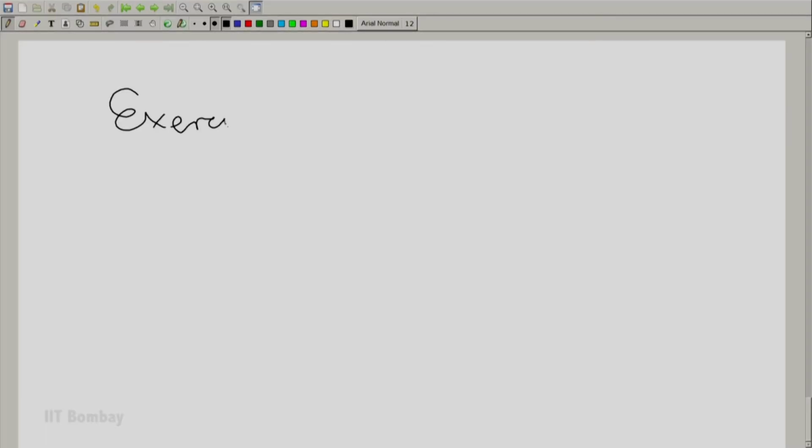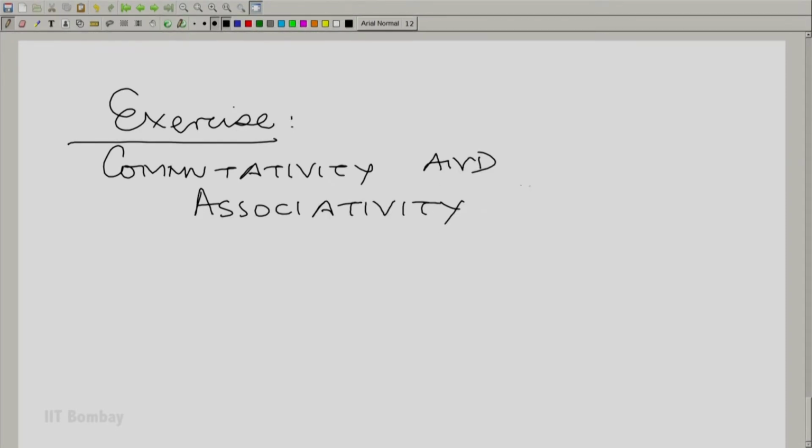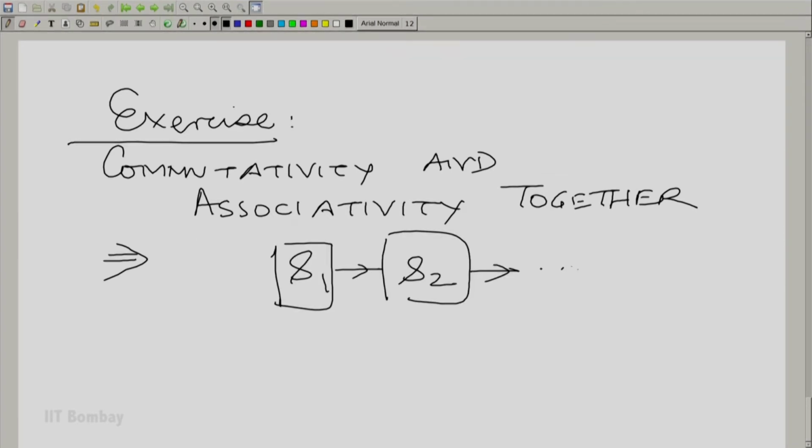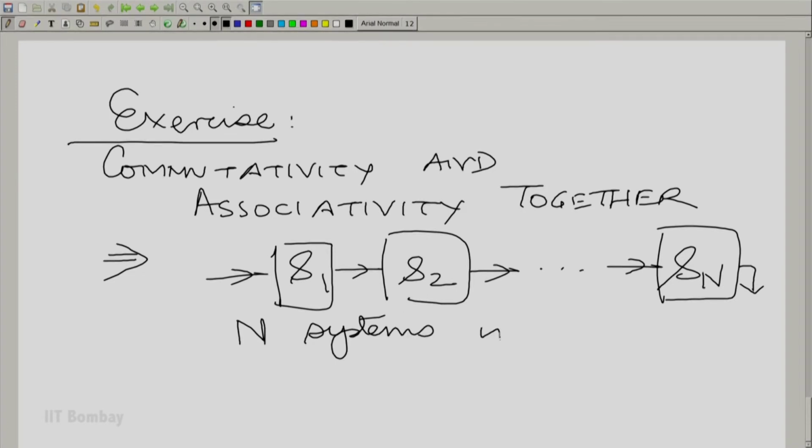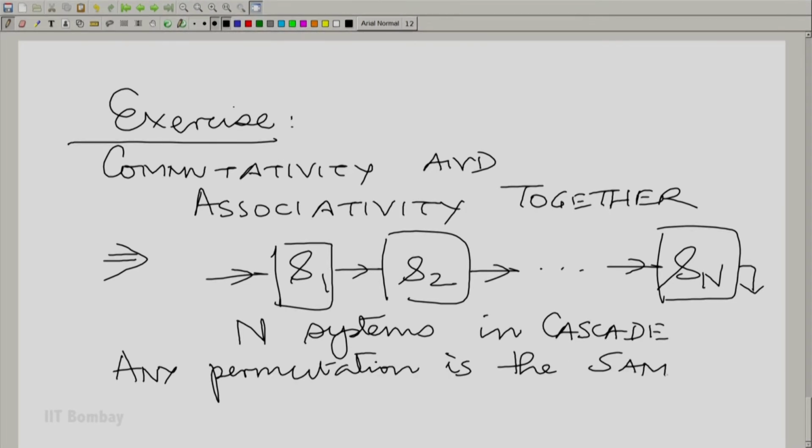In fact, I now have an exercise for you, a slightly tricky one, but I am sure with a little reflection you should be able to do it. I will put down the exercise. Commutativity and associativity together say, if I have capital N systems in series connection or in cascade, any permutation of these N systems in cascade gives you the same equivalent system.